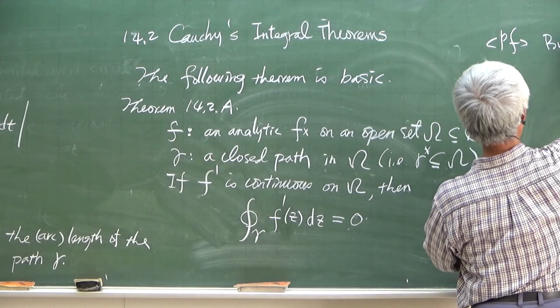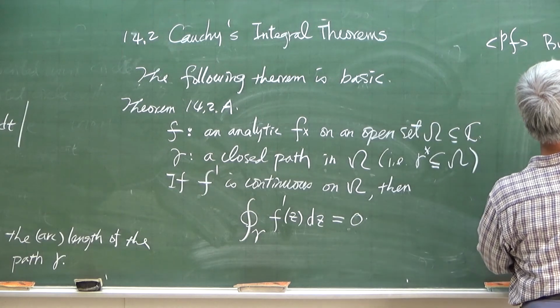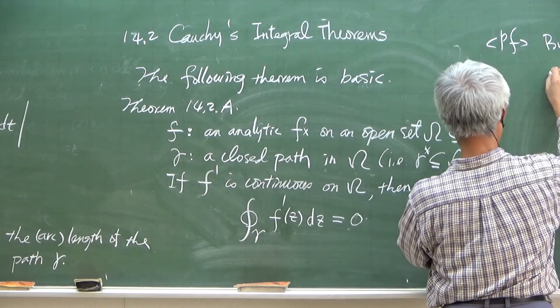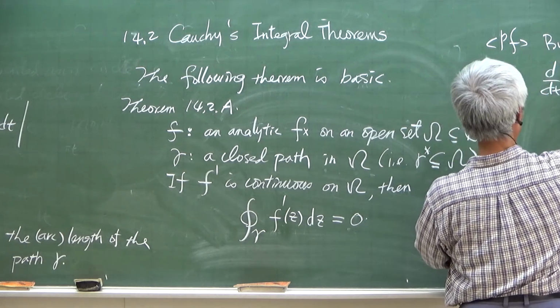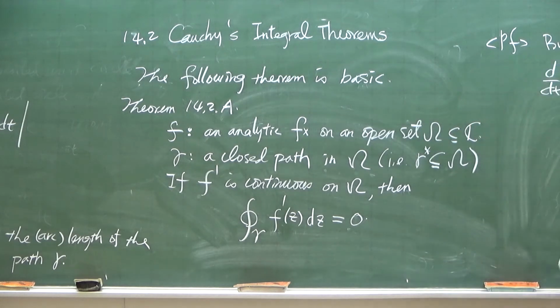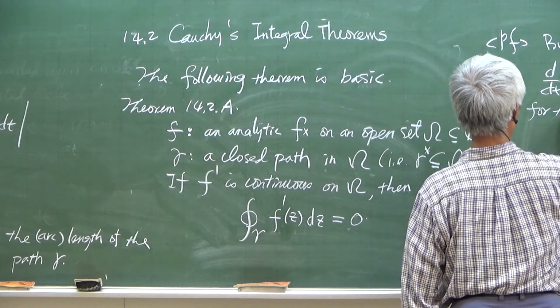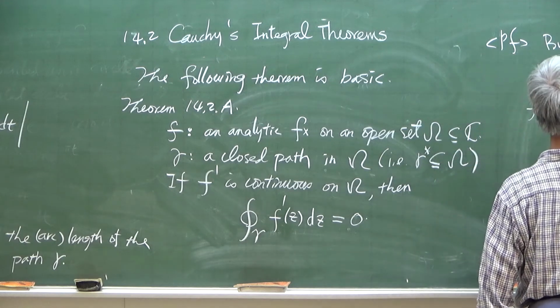So by the chain rule, the derivative of the composition is f prime of gamma t times gamma prime t, for those t such that gamma prime t exists.